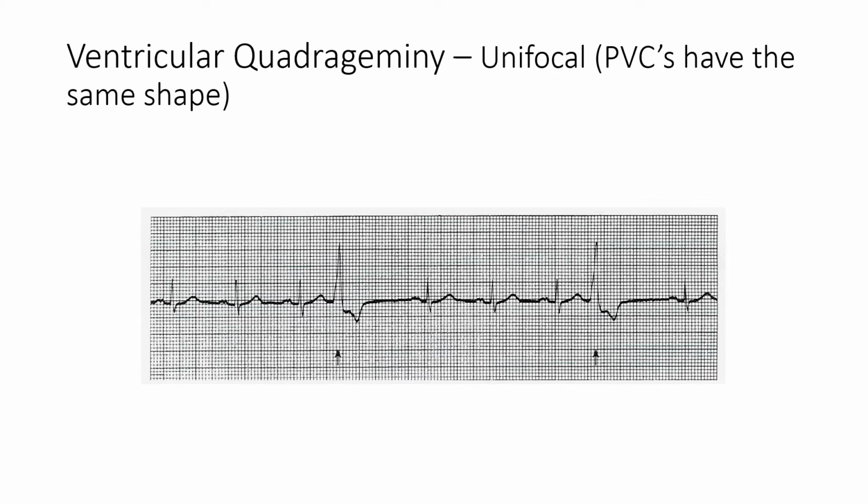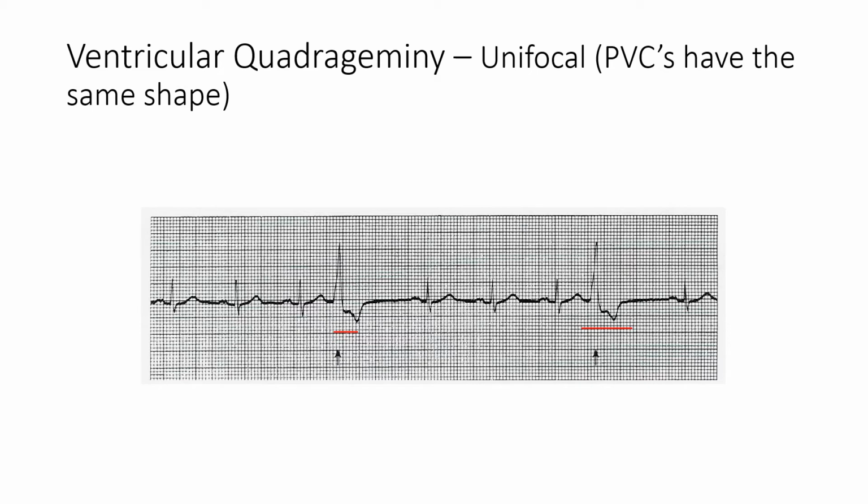I also want to point out, when you look at the PVCs, do they look the same? Do they have basically the same shape? In these two PVCs, the QRS is going up and your T wave is down. Again, just to remind you, usually with PVCs, your T waves go in the opposite direction of the QRS. And looking at these, they both look the same.